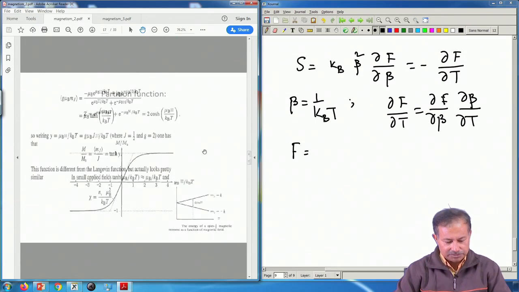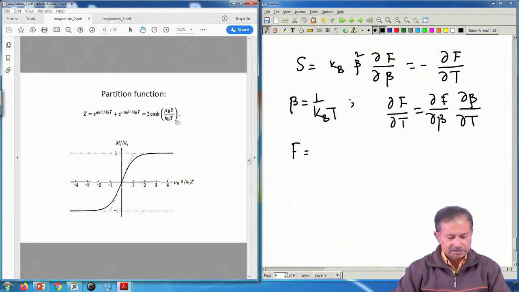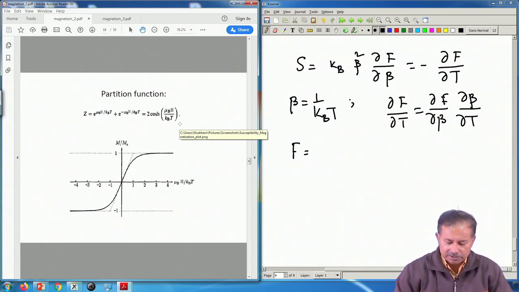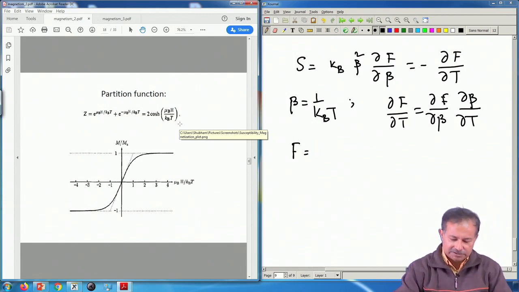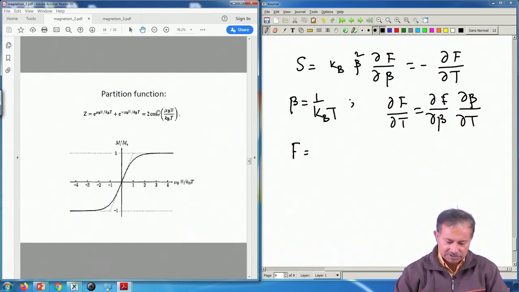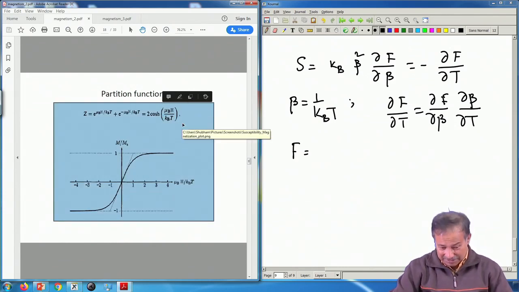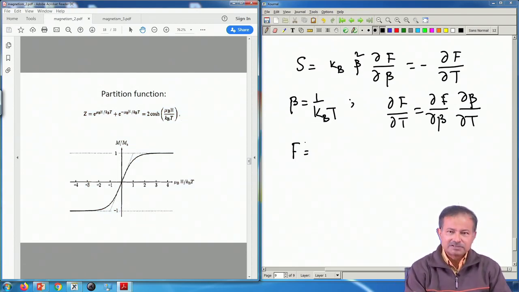Let us see the simpler case. If you calculate the partition function, it is just 2 cosh of mu B h by kBT for J equal to half. For large values of J, any J, there are other factors, but this formula is still more or less obeyed, except for some additional numerical factors. But F is minus kBT log Z.